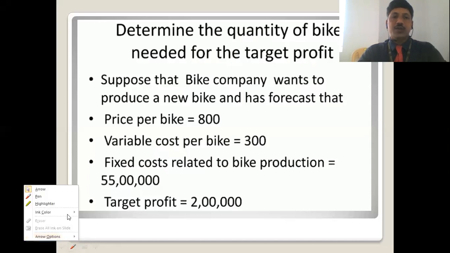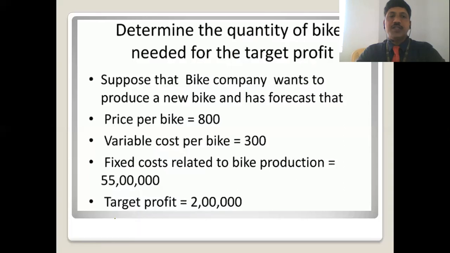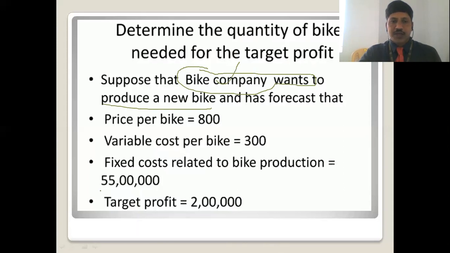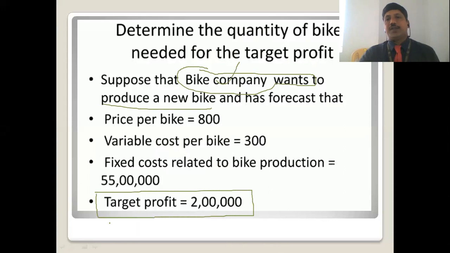it is required to produce. Okay, so here there are different elements that you need to find out. First point is, the bike company wants to produce a new bike. This is just information. And the company's target profit was 2 lakh rupees.